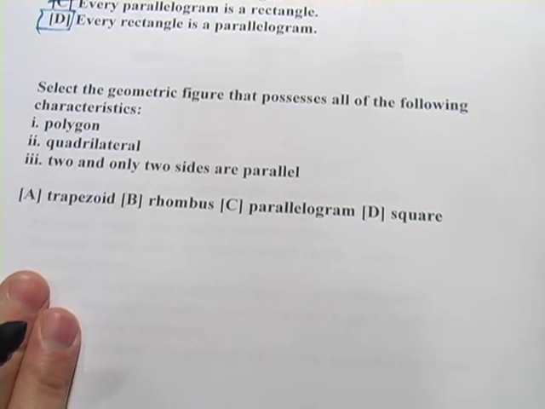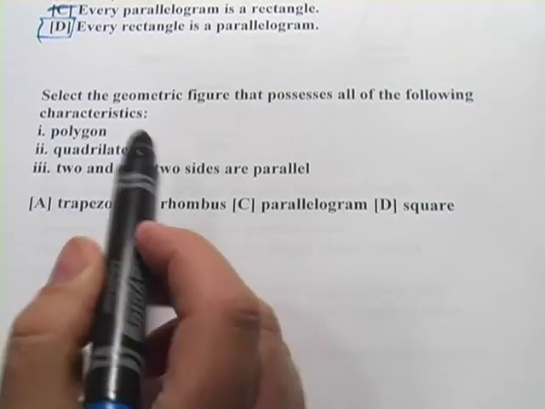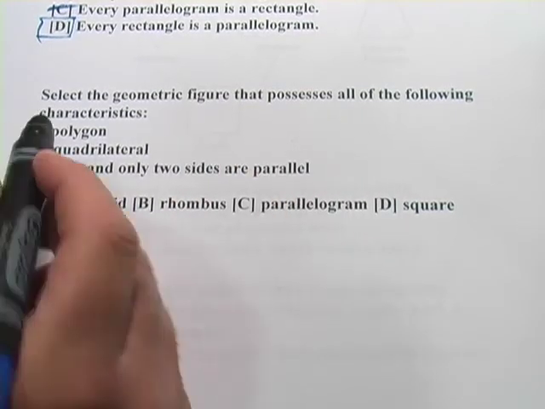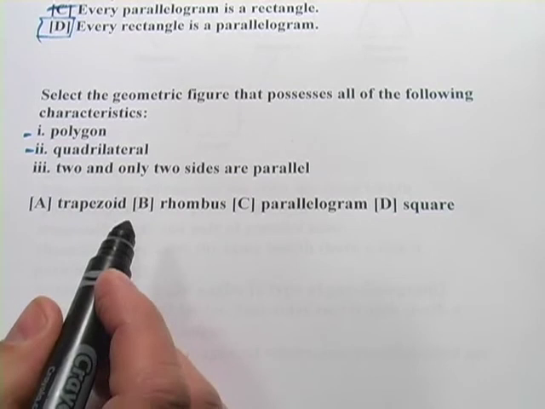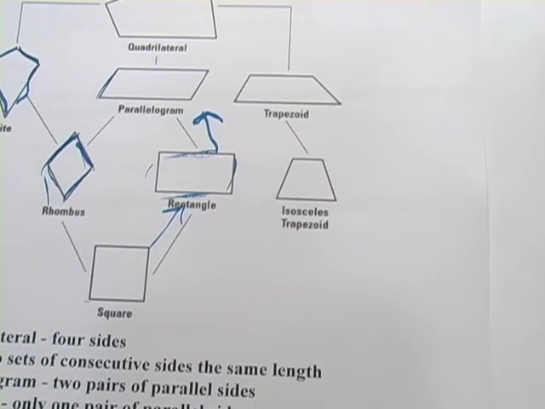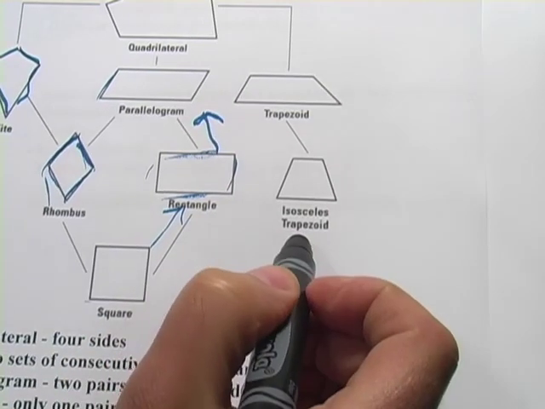And one more. Select the geometric figure that possesses all of the following characteristics. It's a polygon, it's a quadrilateral, and 2 and only 2 sides are parallel. I think I forgot to mention one of the quadrilaterals up here, which was the isosceles trapezoid.